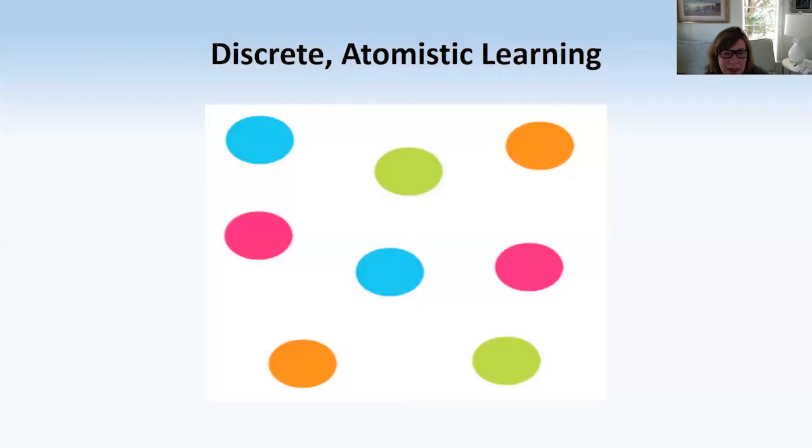I think the idea of these themes, connecting events across time and giving a reason for it, is a way of avoiding all this discrete learning, which has been very emblematic of many other disciplines.